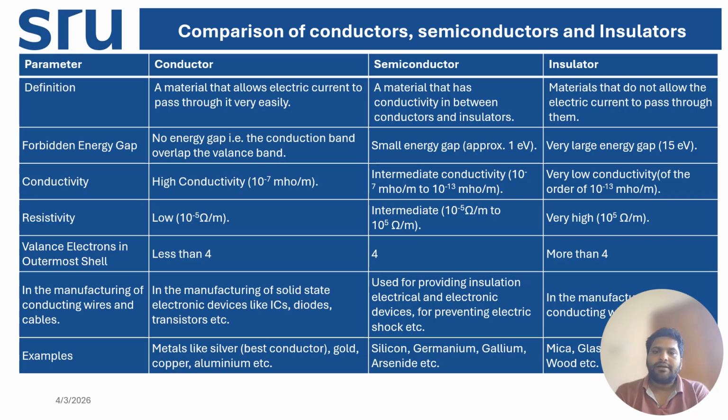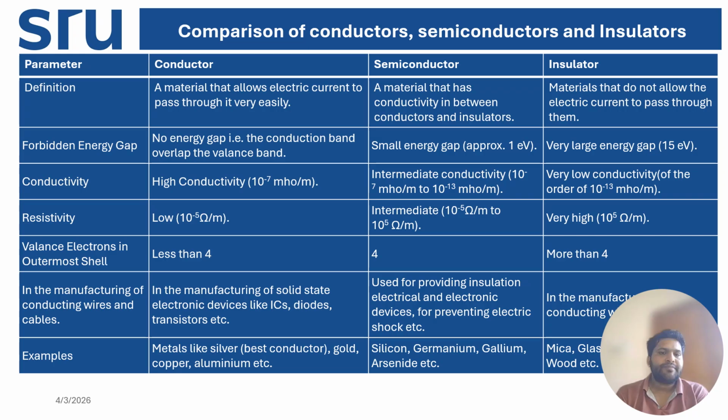For a semiconductor, a small energy band gap of approximately 1 electron volt. The energy band gap is represented in electron volts. And an insulator has a very large energy band gap, like 10 to 15 electron volts.